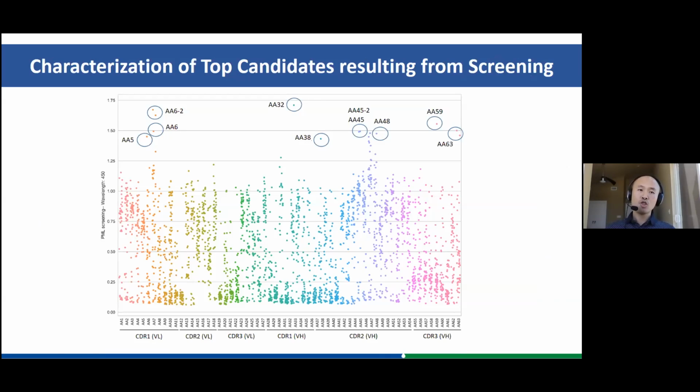And in this chart, any value above 1 is considered better than wild type. So you can see that there are quite several top candidates resulting from our library. The customer then chose a subpopulation of these candidates for further characterization of their binding affinities using surface plasmon resonance binding assays.